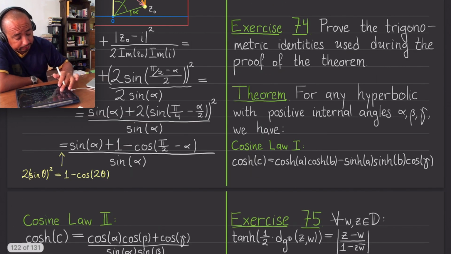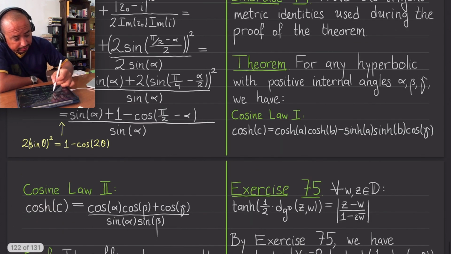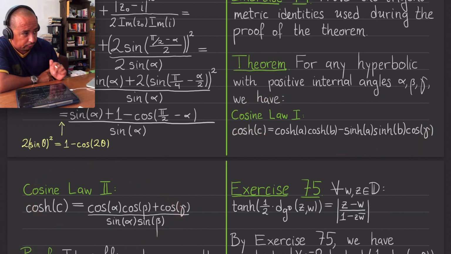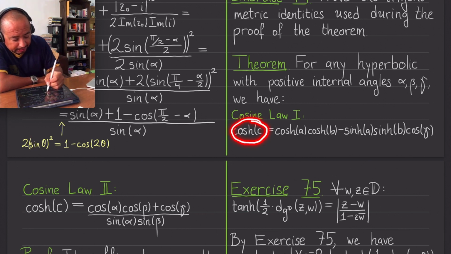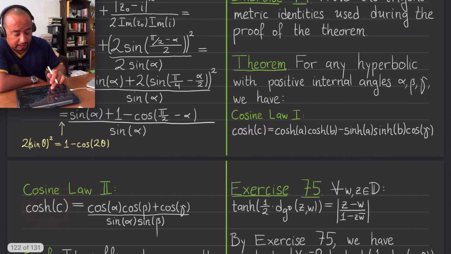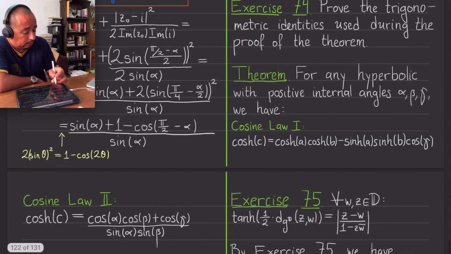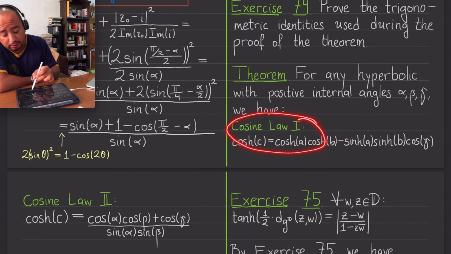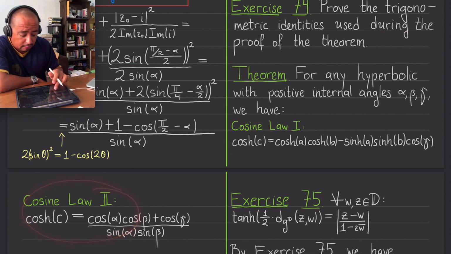You see here in the two formulas, gamma is somehow distinguished, because it's the opposite angle to whatever is on the left. So one actually has three versions of the first cosine law and three versions of the second cosine law.